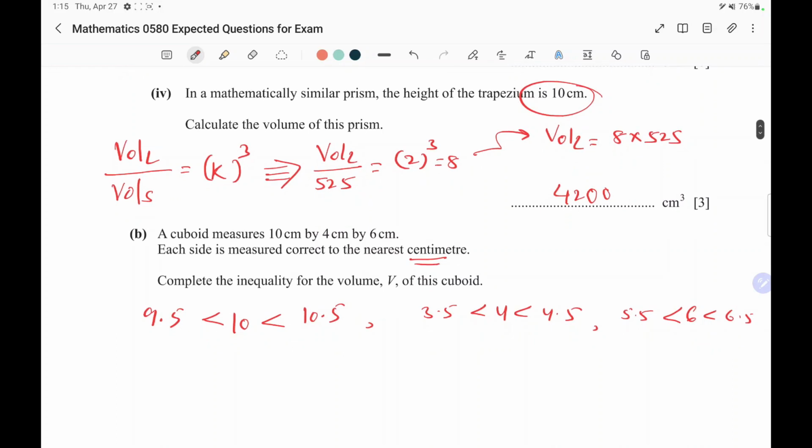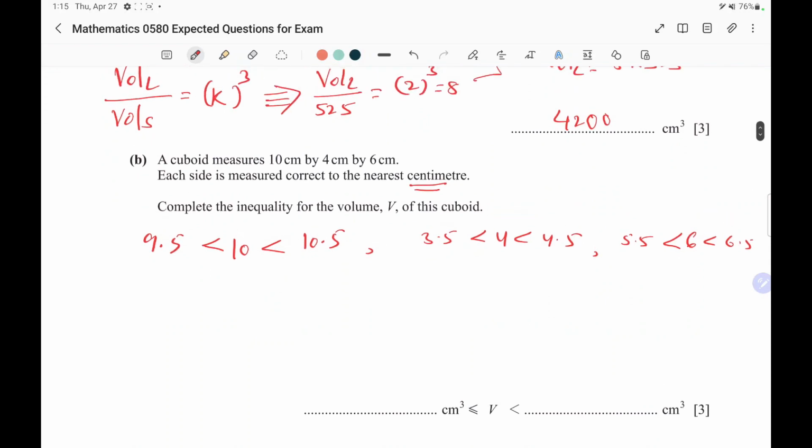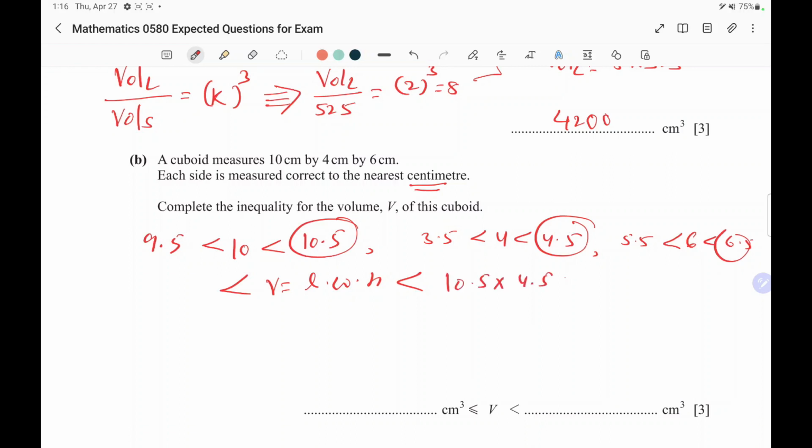Now complete the inequality for volume V for this cuboid. Okay, no problem. So volume, we know, is length times width times height. Now in this case, for finding upper bound, we will take the upper bound of these lengths, which is 10.5 times 4.5 times 6.5.